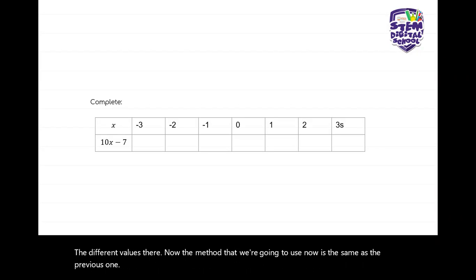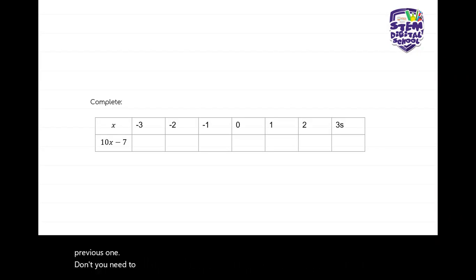And you need to now put in the x values. So if x is equal to -3, what is the value of y? In other words, what is 10x minus 7?